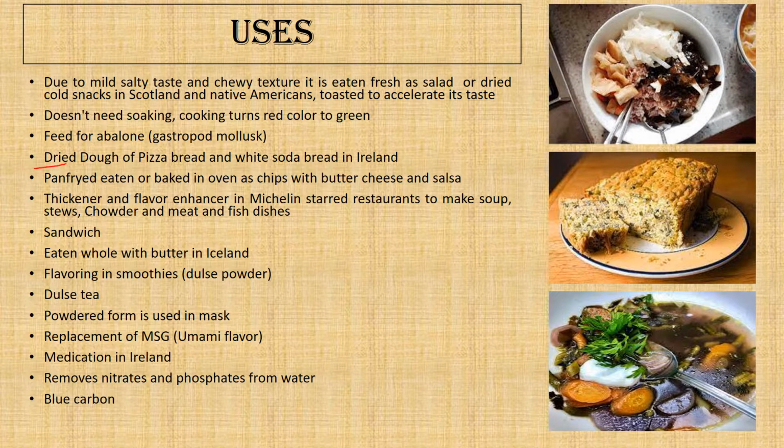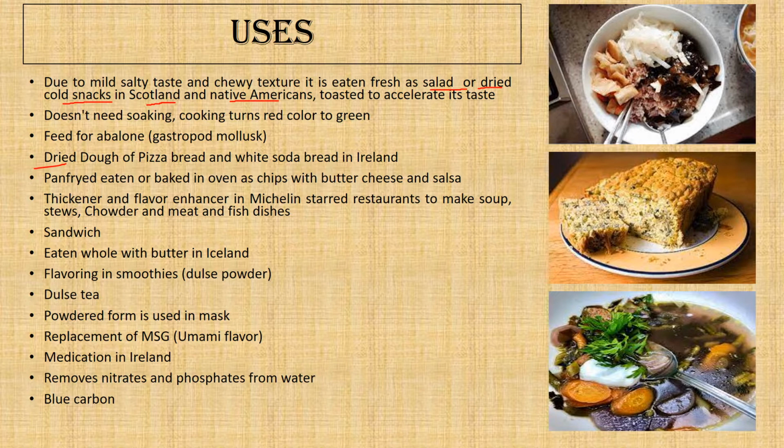So it is eaten as a salad, or it can be dried and taken in the form of a cold snack. This is very popular in the British Isles, and it was also used by the Native American people.